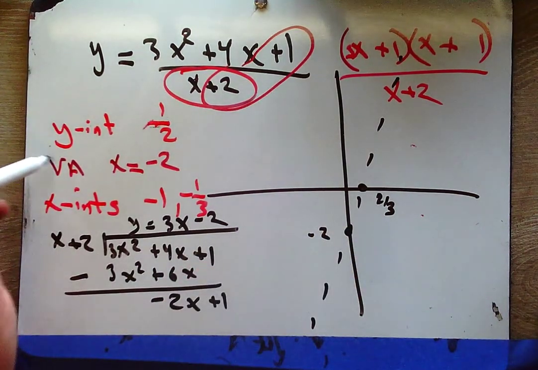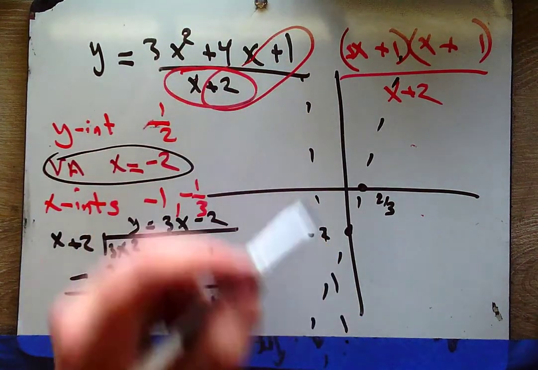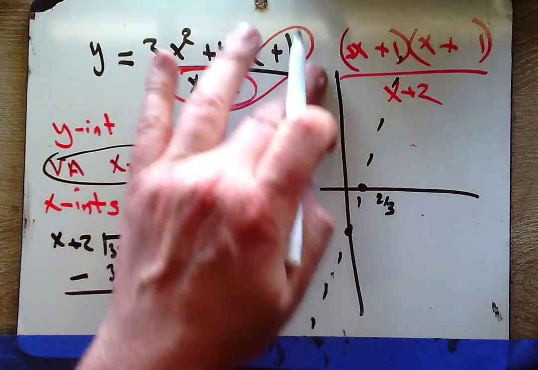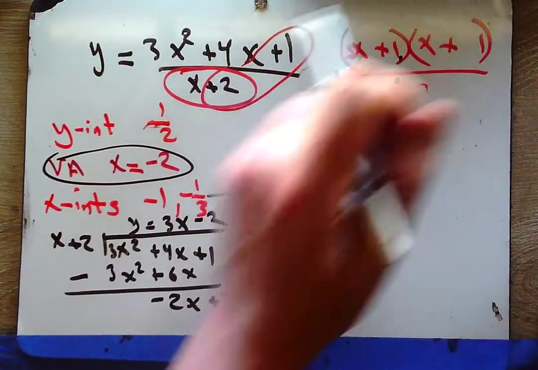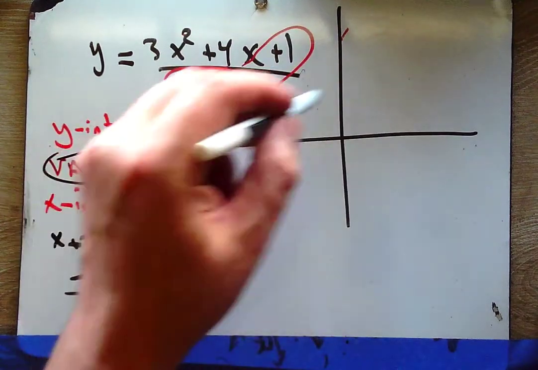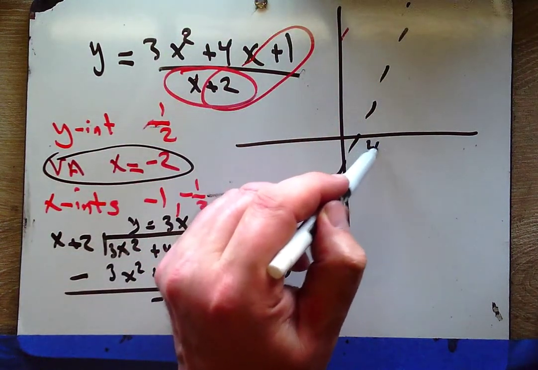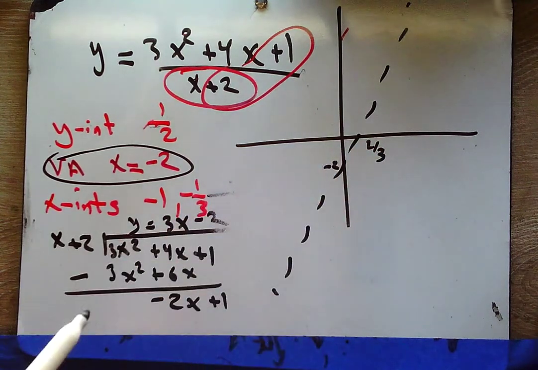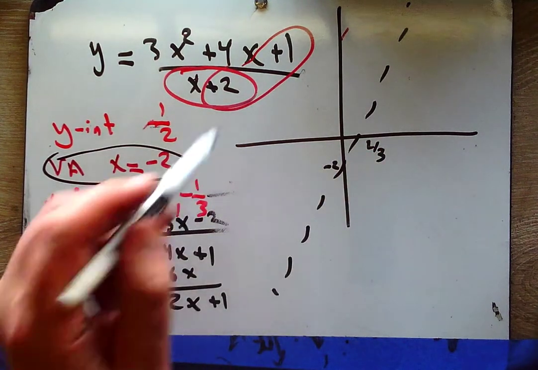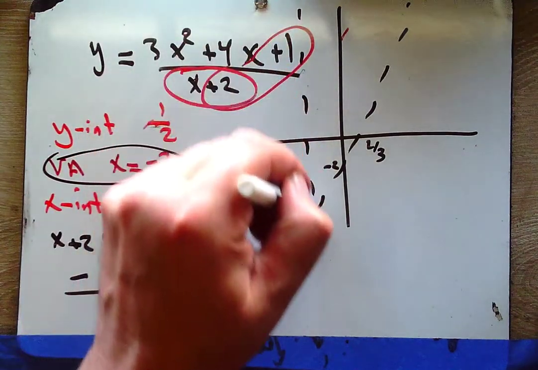I also see a vertical asymptote at -2. I think I need to move this a little bit. This is 2/3. This is -2. Yes. Vertical asymptote was at -2.